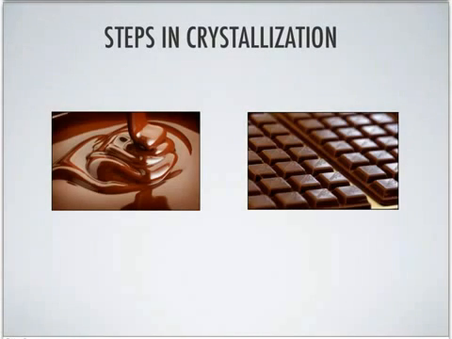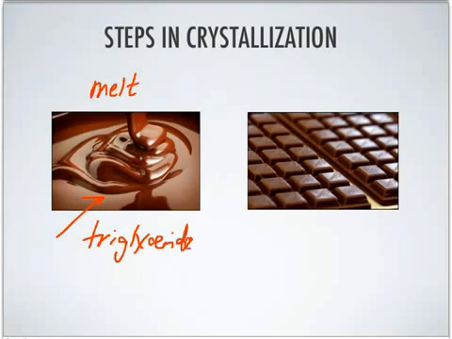In the previous slides we have seen examples of crystallization which starts from solution. On this slide we can also start the crystallization process from a melt. As you can see in this picture, here we have chocolate melt containing mixtures of triglycerides, and these triglycerides have different melting points.